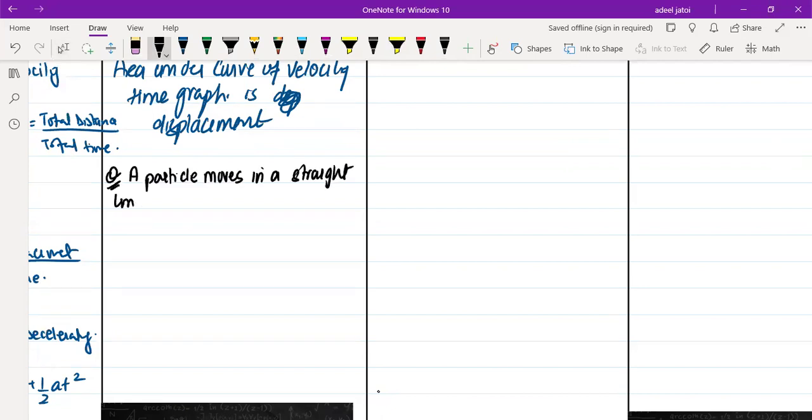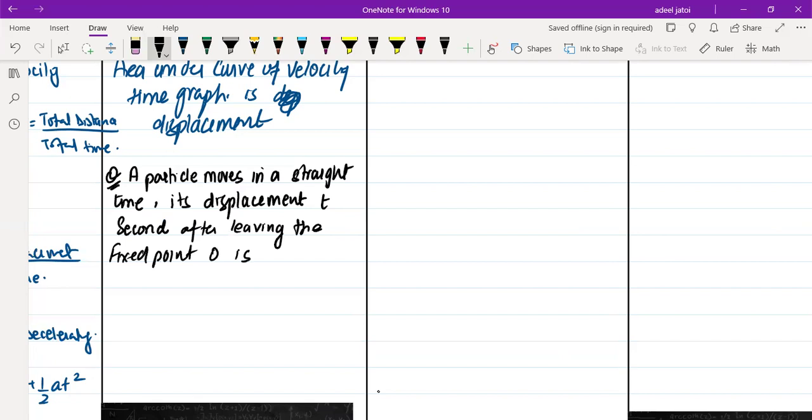Its displacement t seconds after leaving the fixed point O is x meters, where x is equal to 1 upon 2 t square plus 1 upon 30 t cube.